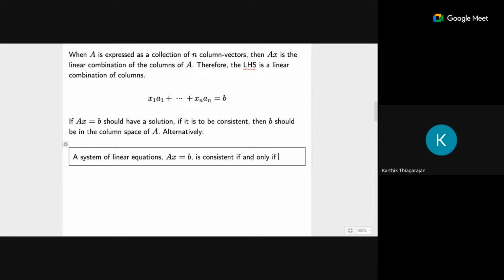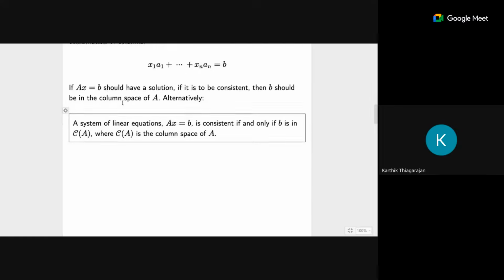If and only if B is in the span of, or I could just say C of A, where C of A is the column space of A. Okay. So is this clear? This is the first step that you need to know. Yes, sir. Okay. So this is the general idea.